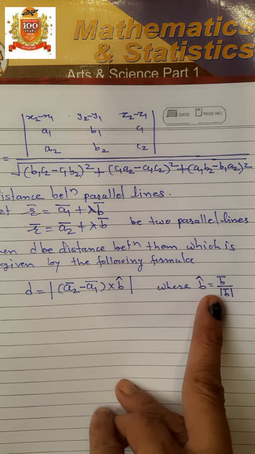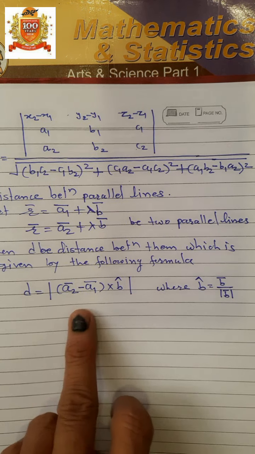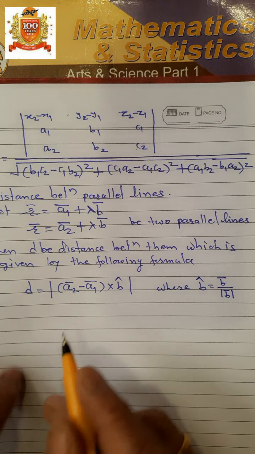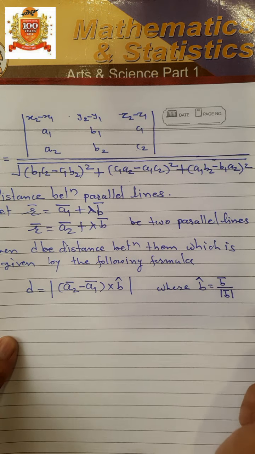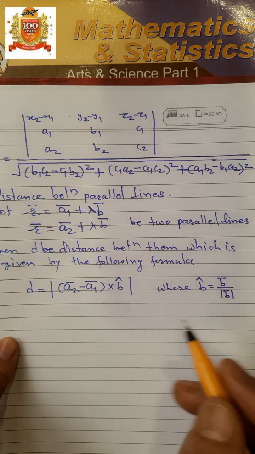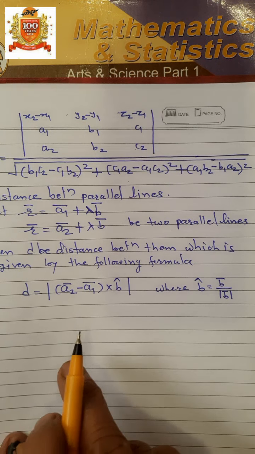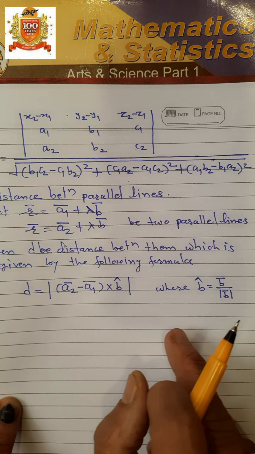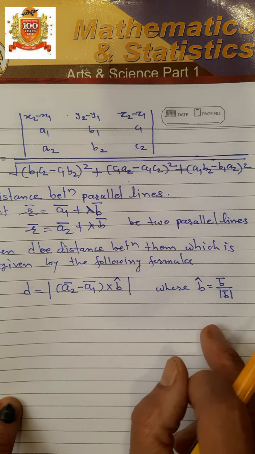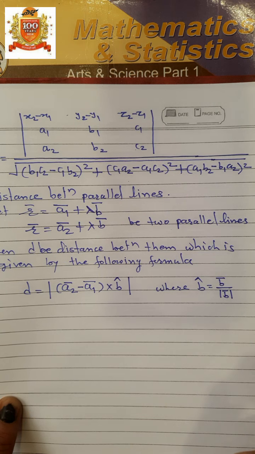By using this formula we can find b cap and do the cross product of this. Then we can find the distance between two parallel lines, isn't it? Now in this way the theoretical part is over. In the coming video we will see the problems in exercise 6.2, isn't it?